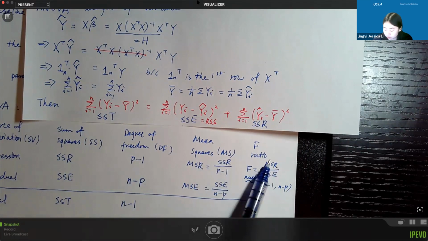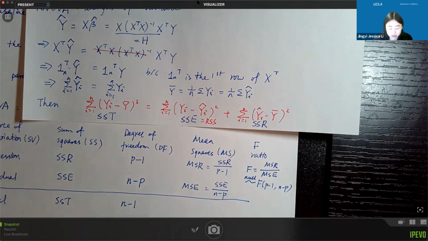That's the numerator. For the denominator, it's another chi-square, SSE, divided by its degree of freedom. So that gives you the denominator. That's why it's an F distribution. Okay, that's the ANOVA. So it's about testing the whole linear model, whether it's fitting your data better compared to the intercept-only model.